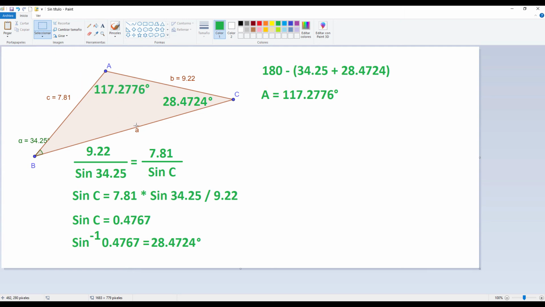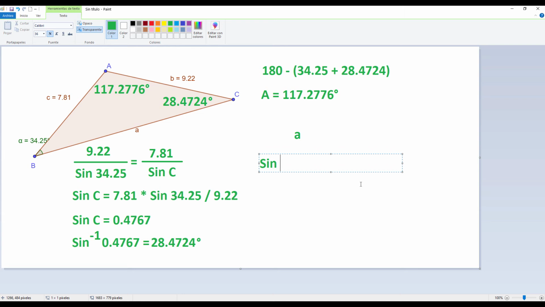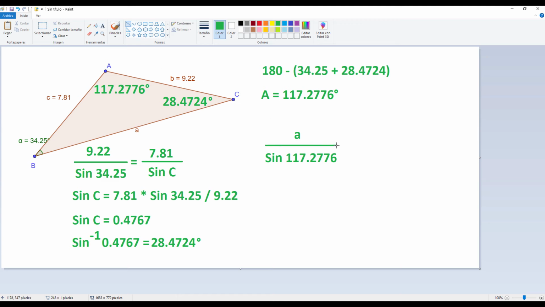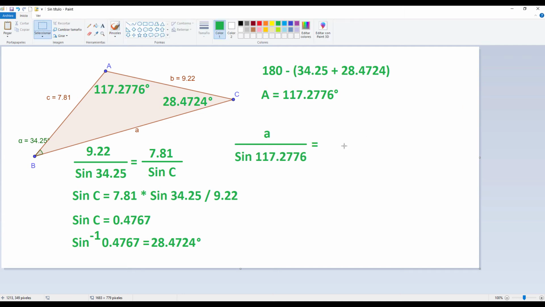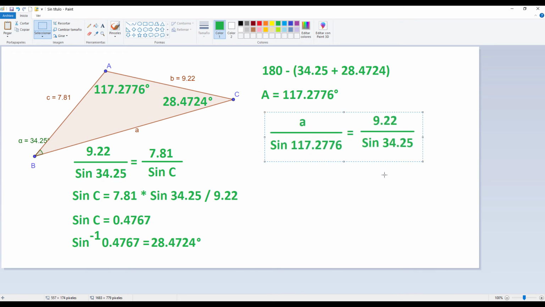Now you can calculate the side A. Again, you need to use that data. The A divided by sine of, yep, here, equals, for example the data. You can use the same reason here.